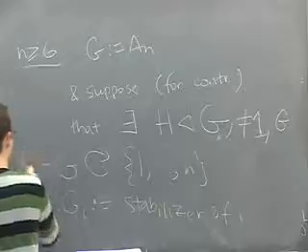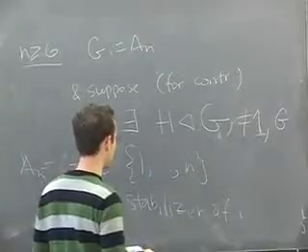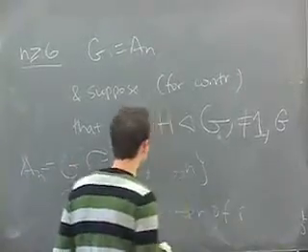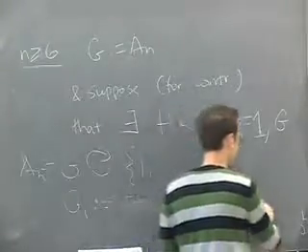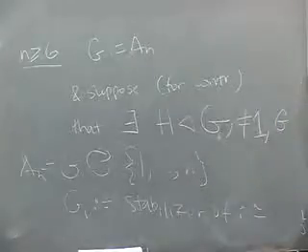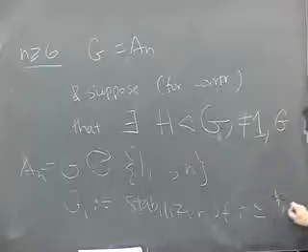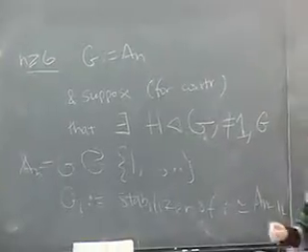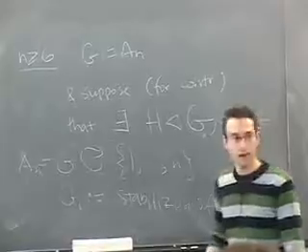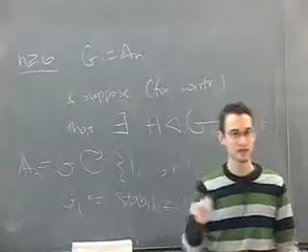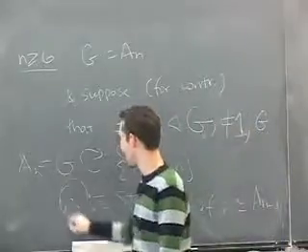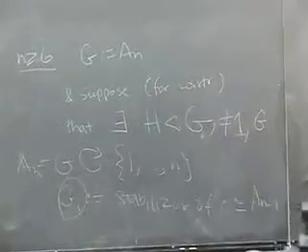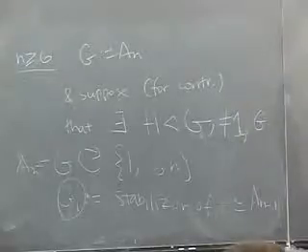So remember, this is A_n, so of course this has a natural action on this set. What is G_i isomorphic to? Exactly, it is A_{n-1}. Well, A_{n-1} by induction hypothesis is simple. So the crux of this is going to be to leverage the fact that the stabilizers are simple. Simplicity is important.